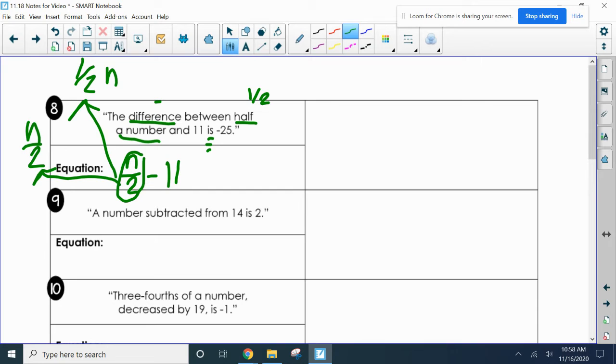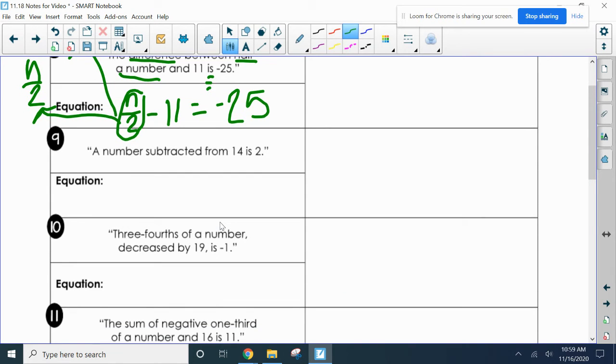Either way, you're going to get half of that number, because even if you multiply n by half, you're going to get n over 2. Both give you half of a number. So half a number first, minus 11, is negative 25. Did you get that right? Awesome. If you didn't, that's okay.